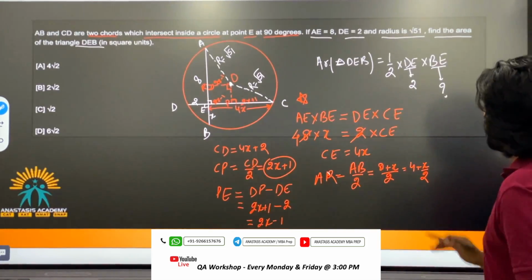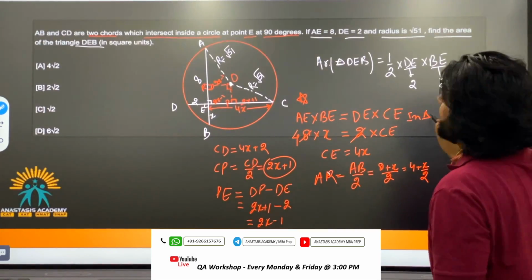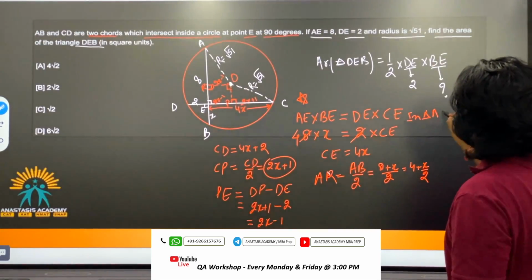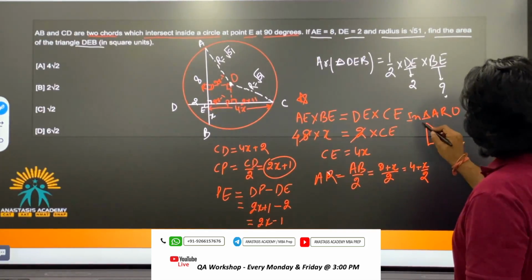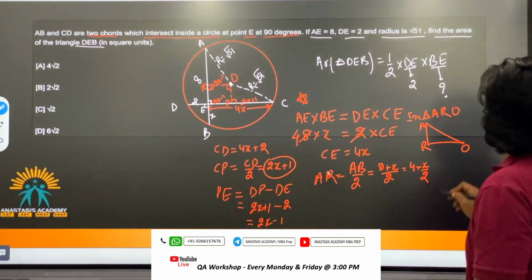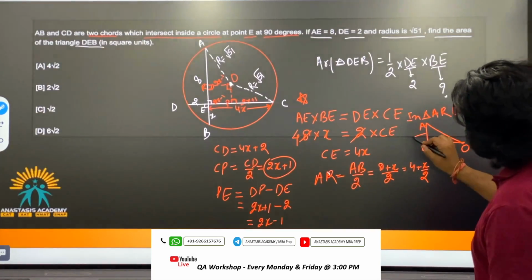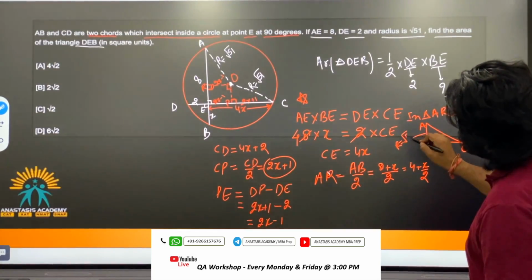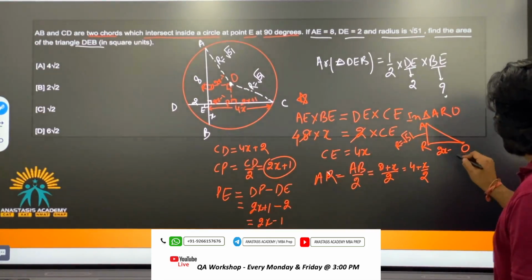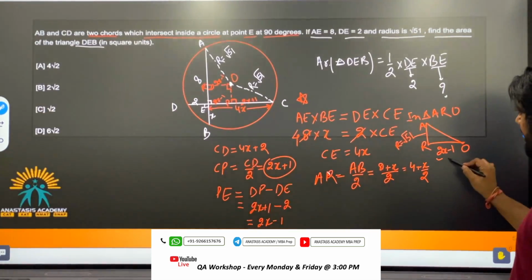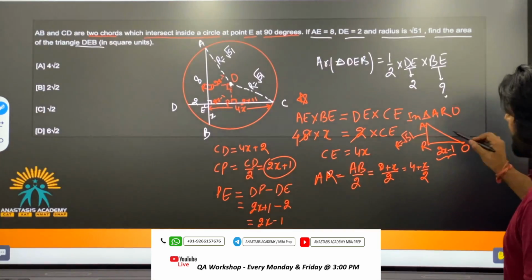So in triangle ARO, it's a right angle triangle. AO is the radius, root 51. AR is 4 plus x by 2. RO we already found out to be 2x minus 1.